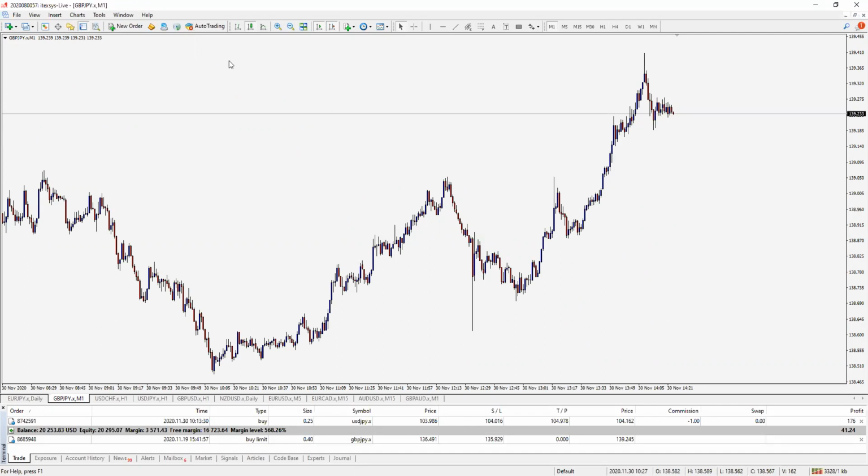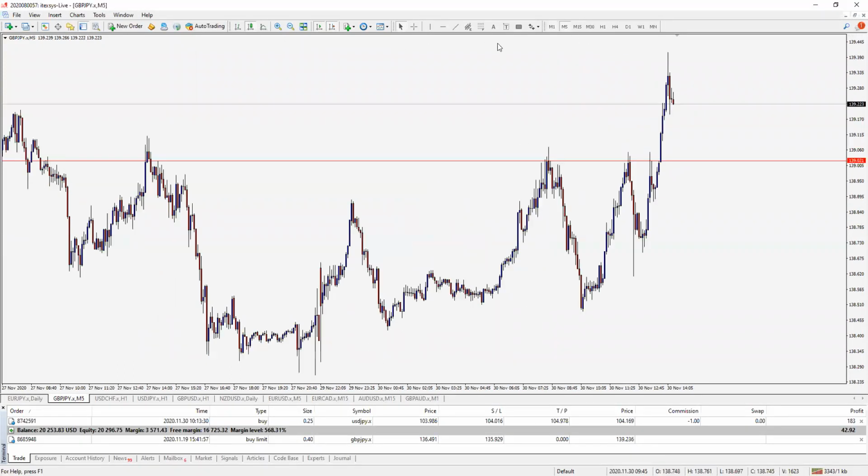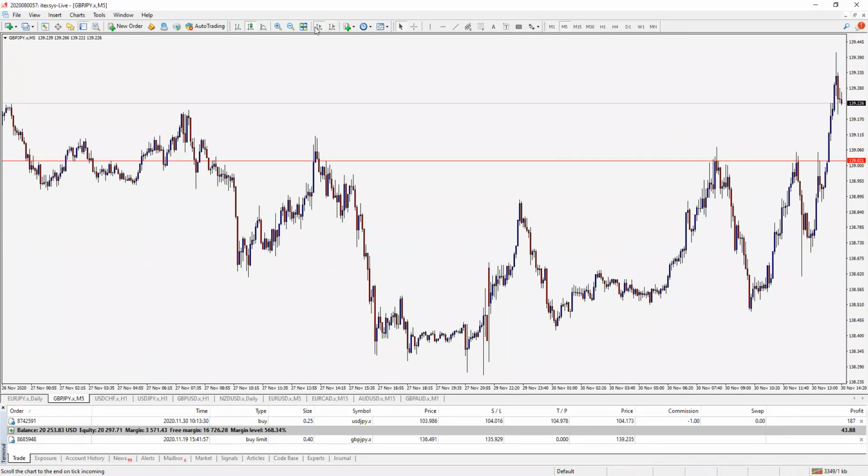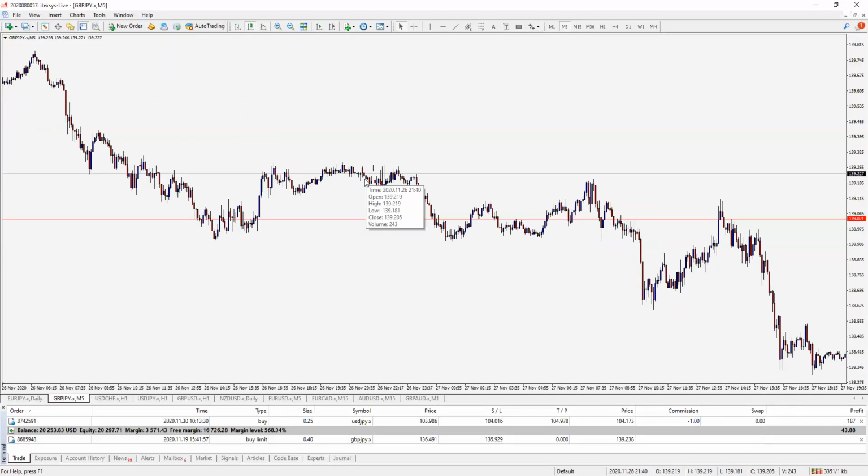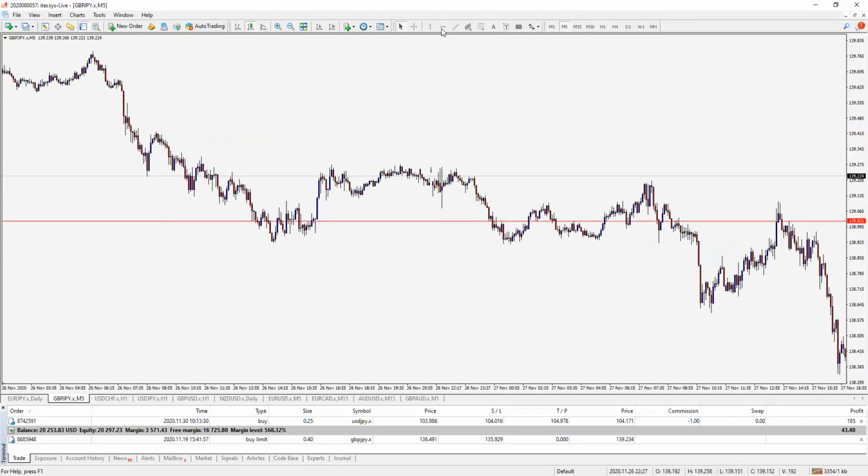So maybe I would consider buying here, or if I just switch to the 5-minute chart, or sell there. Okay, this supply.